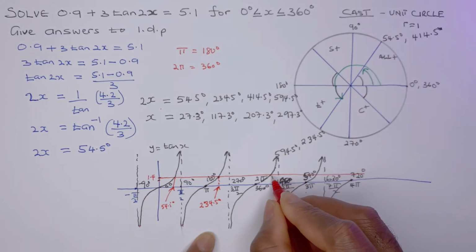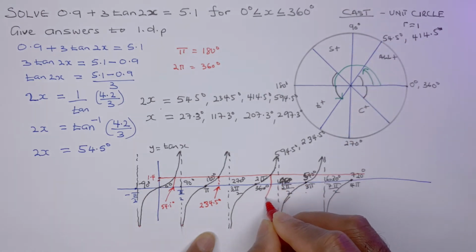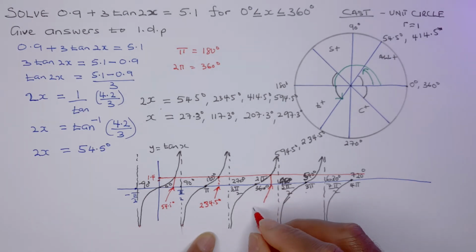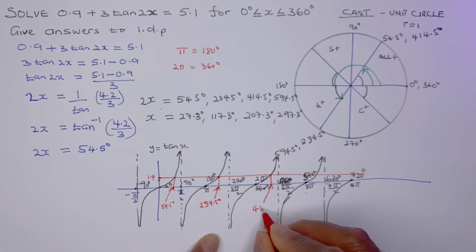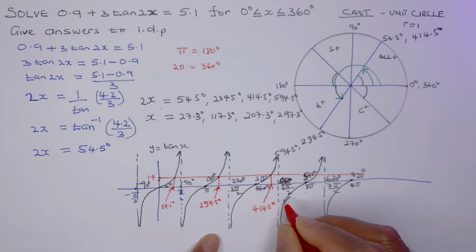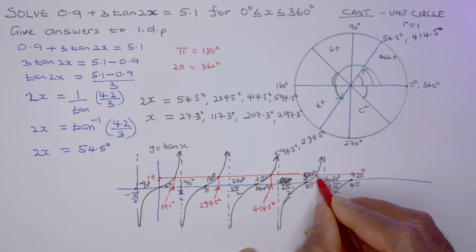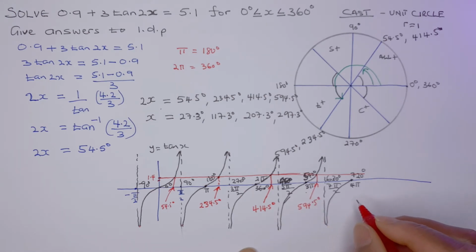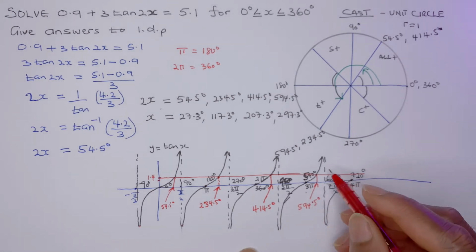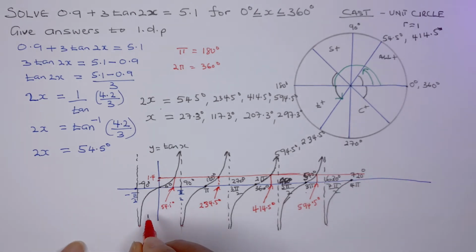And then you add another 180 to go around again. That point here is 414.5 degrees, because this is bigger than 360. And then you add another 180 there. So that point will be 594.5 degrees. And that's it. Those are the points for 2x.